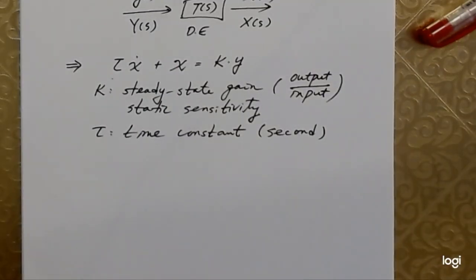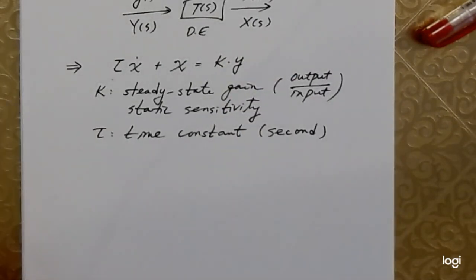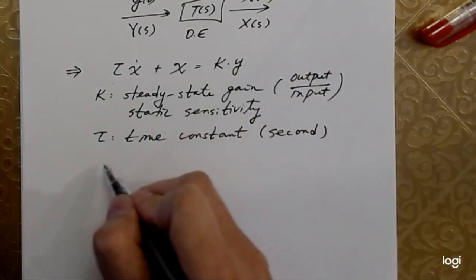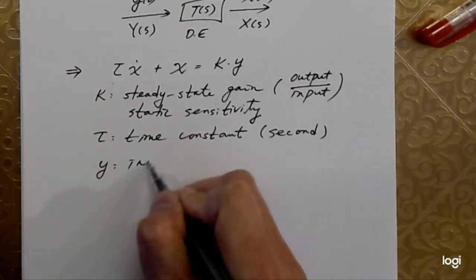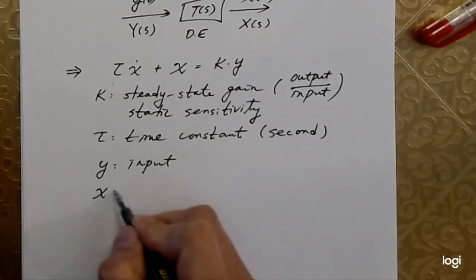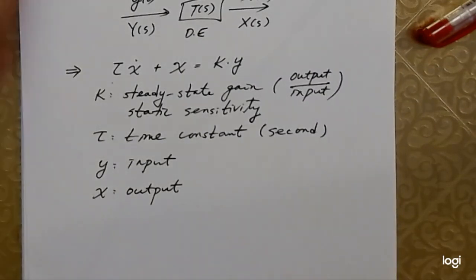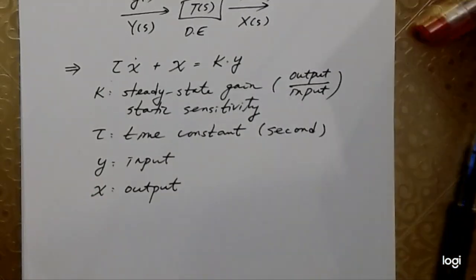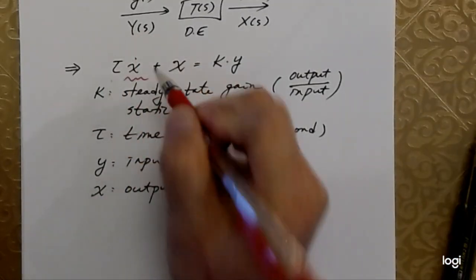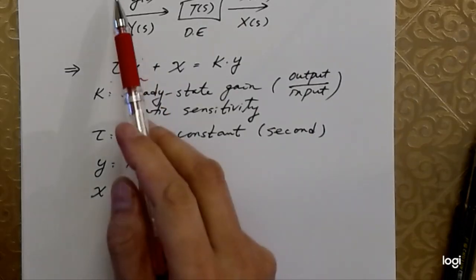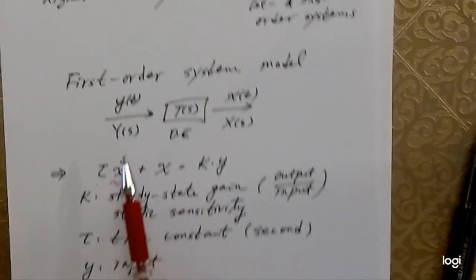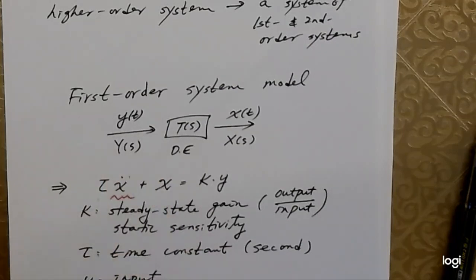So one more time, let's specify y is our input variable, x is output. Okay, so because this is the first derivative, that's what we call a first order system model. First order system model right here.